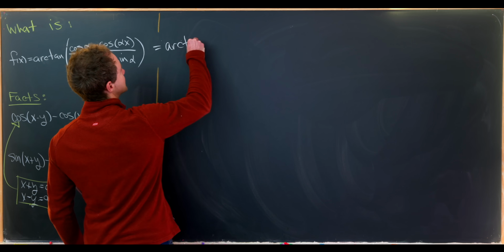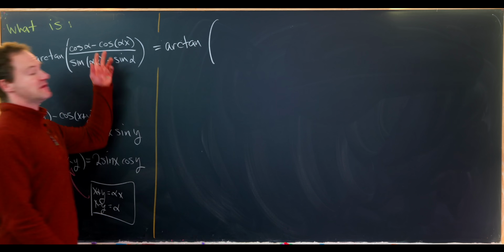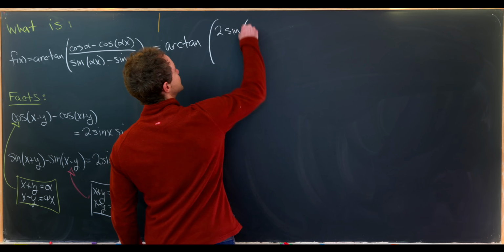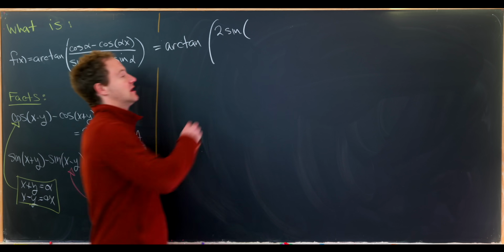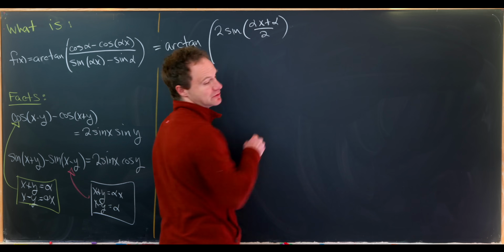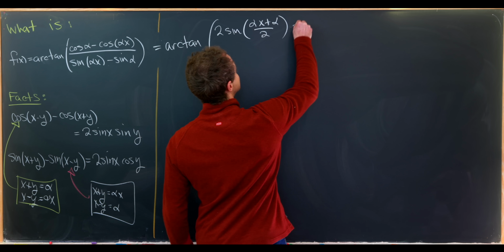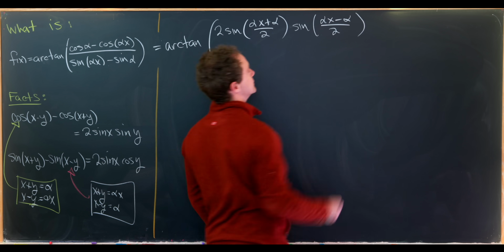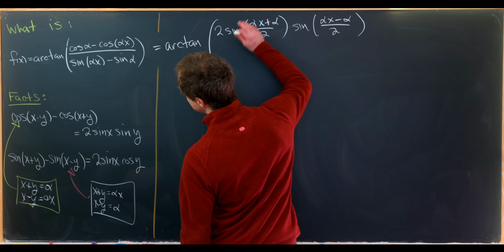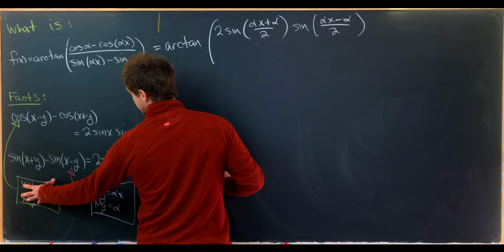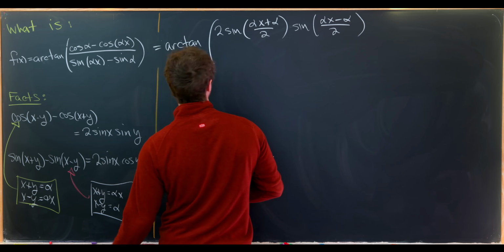So now plugging all of that in here, we'll get the following expression. So we'll have the arctan of, and then this numerator will collapse to 2 times the sine of alpha times x plus alpha over 2 times the sine of alpha times x minus alpha over 2. And I guess I should say that these are our values x and y when we solve this for x and y.